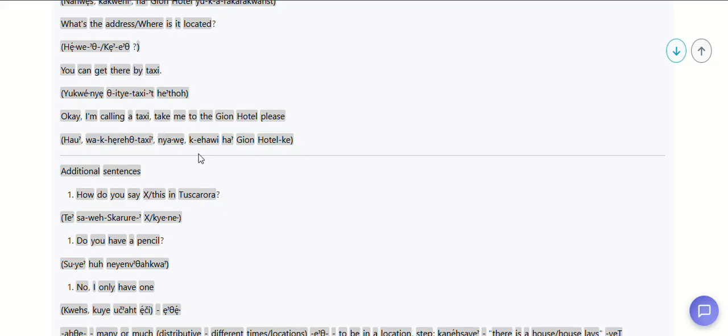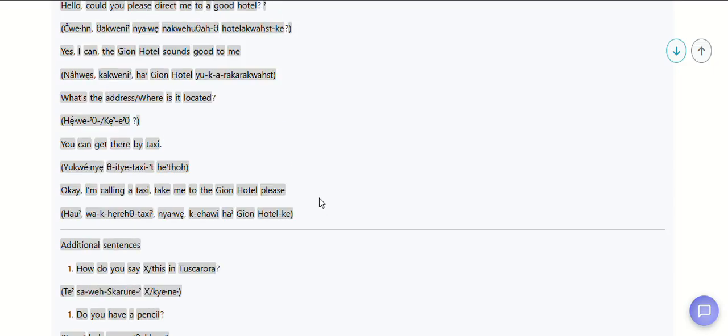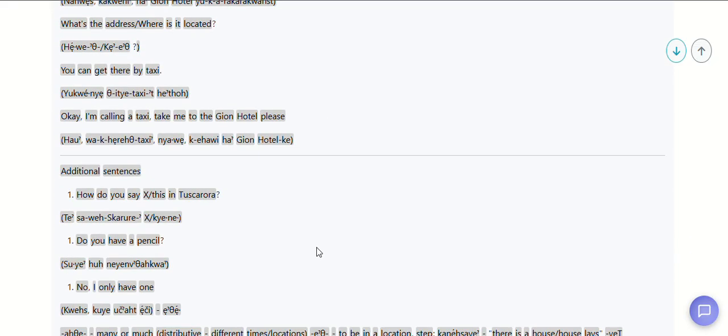And then I'm assuming that if I say Kahawi it means take me, but I need to check the imperative on this. I haven't had a chance to do that yet, because I just got to translate this a few minutes ago. And then ha again. So Guion Hotel ka, to the Guion Hotel. So that's it for the dialogue.